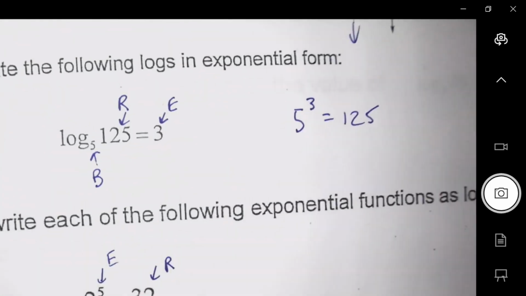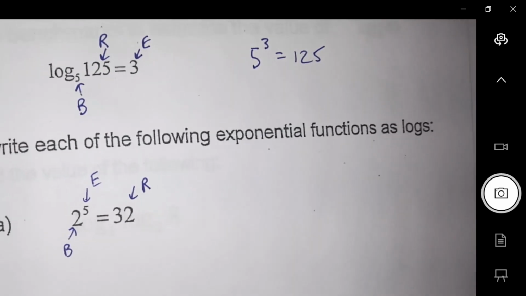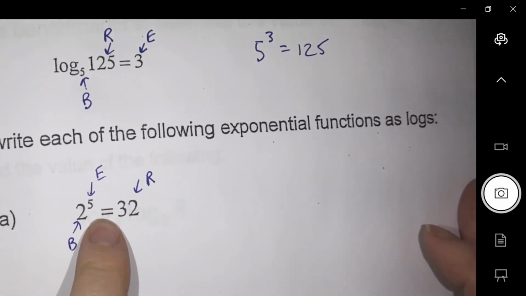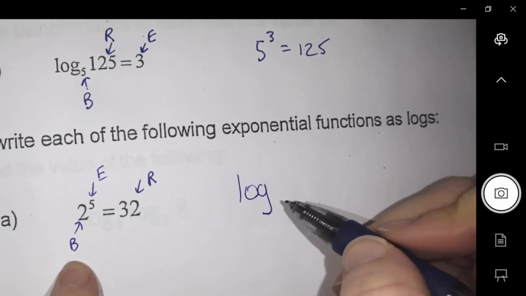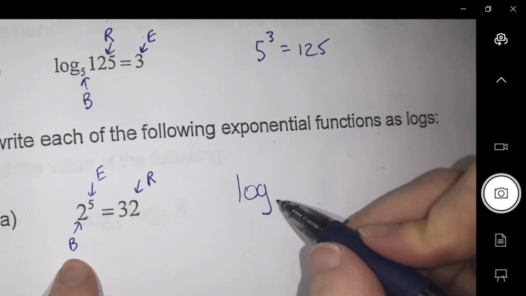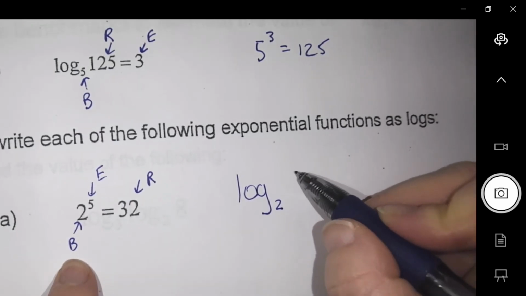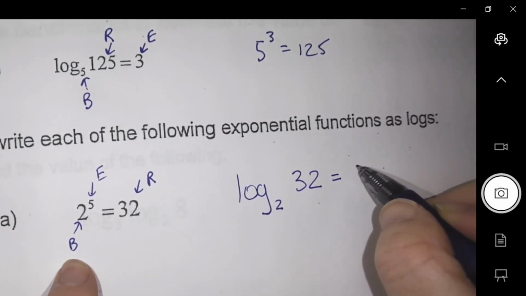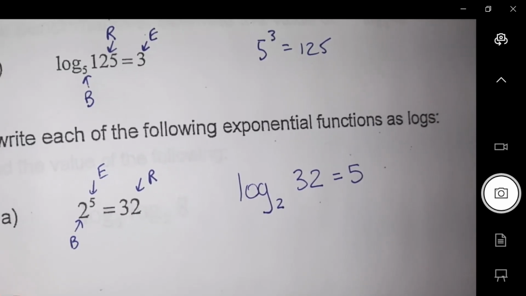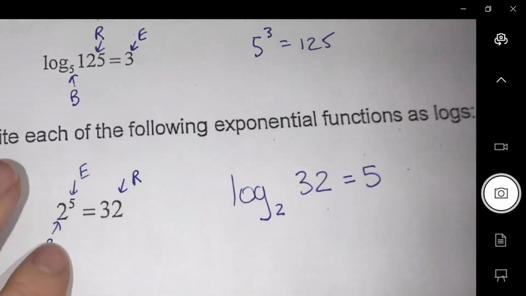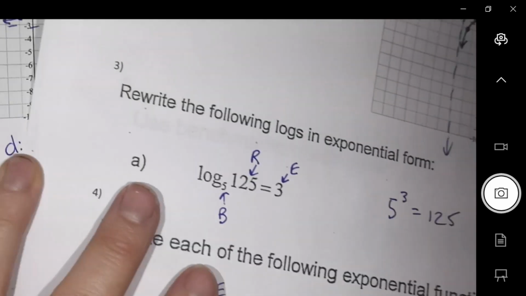Okay, and then going backwards. So 2 is the base, 5 was the exponent, 32 is the result. So I'm going to go log. Little number is the base. Result equals exponent. Okay? Hopefully that's your free points on your test.